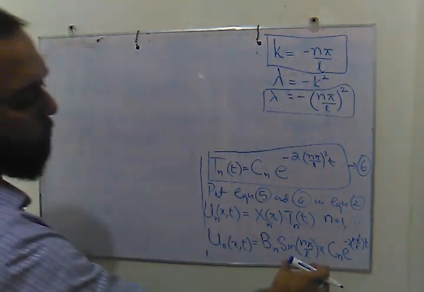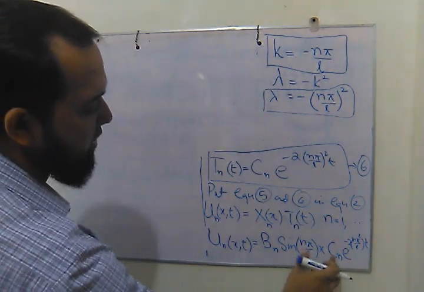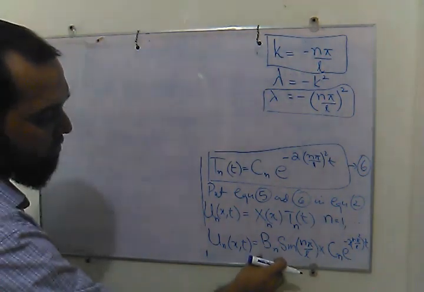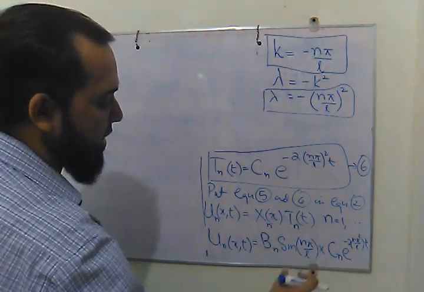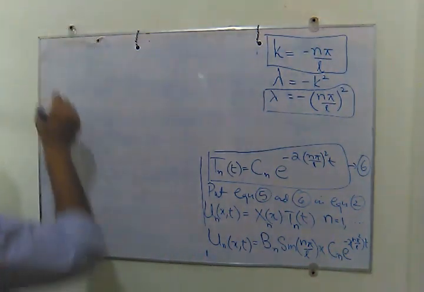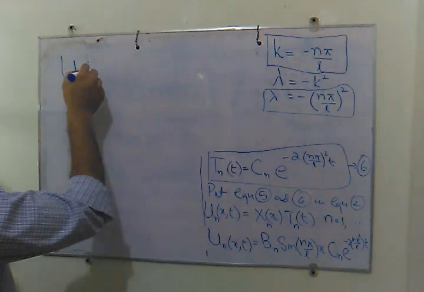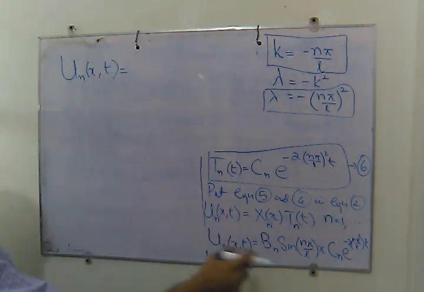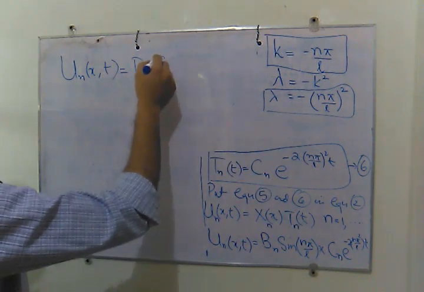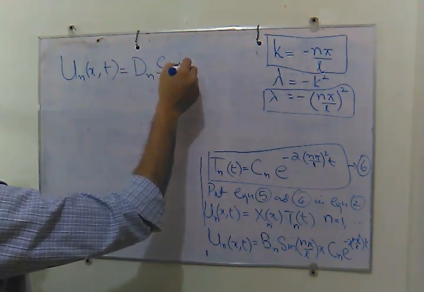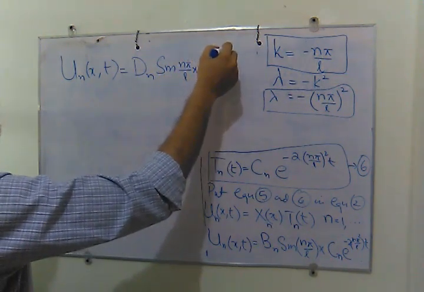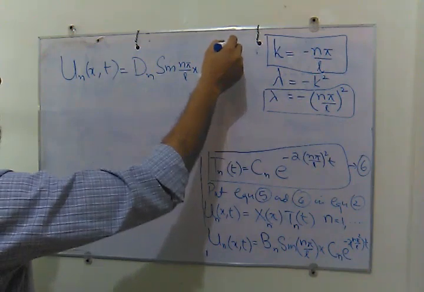Here we better combine the coefficients. Bn is our coefficient, Cn are coefficients. Bn is a constant, Cn is a constant, and the product of any constants is also a constant. So we can write un of x, t as, we combine Bn and Cn, we call it, for example, dn sine n pi upon L x exponential minus 2 n pi upon L square t.